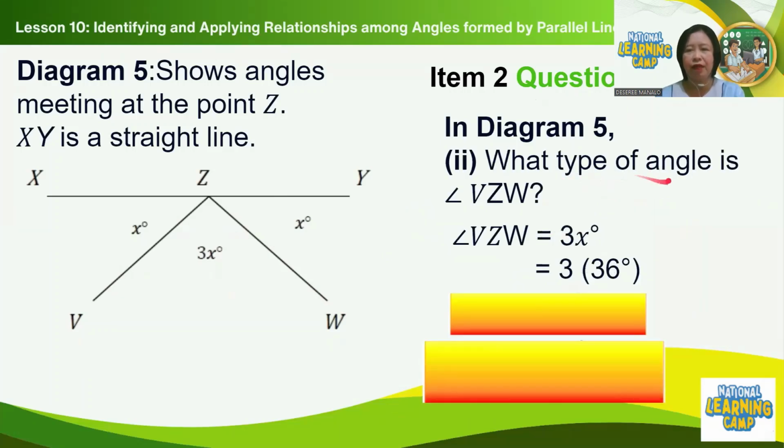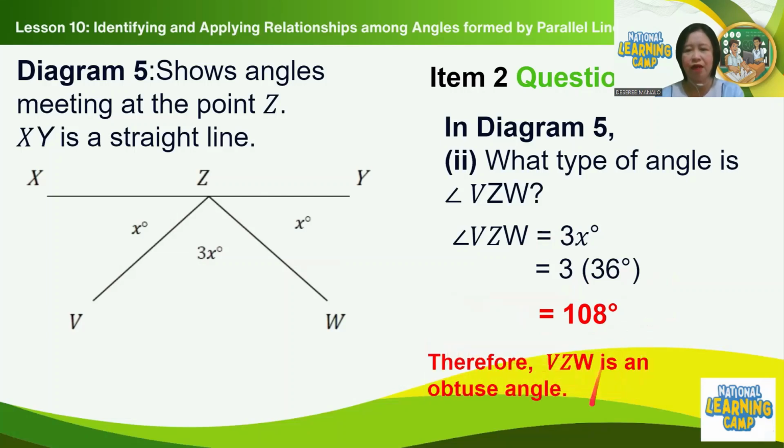What type of angle is angle VCW? VCW is equal to 3x, and the value of x a while ago is 36. So just multiply 3 times 36 degrees. The answer is 108 degrees.